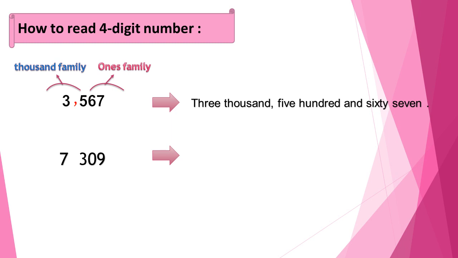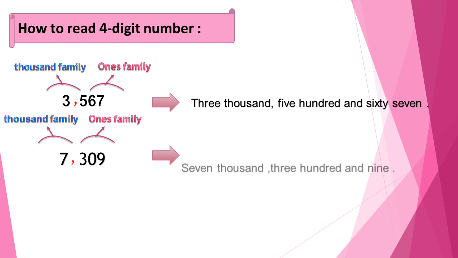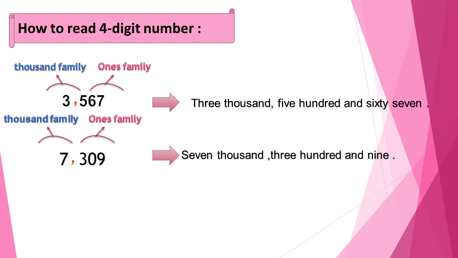Another example. Put a comma after 3 digits from the right. Then we have thousand family, ones family. Then we start from the left and read the number with its place. 7,000, 309. There is no tens here, so we said 309.